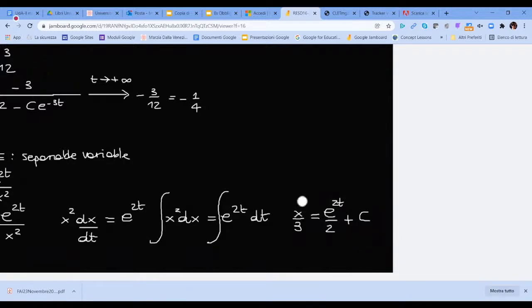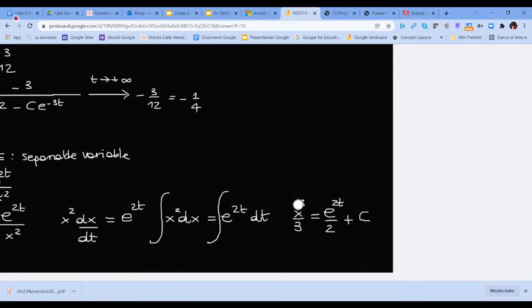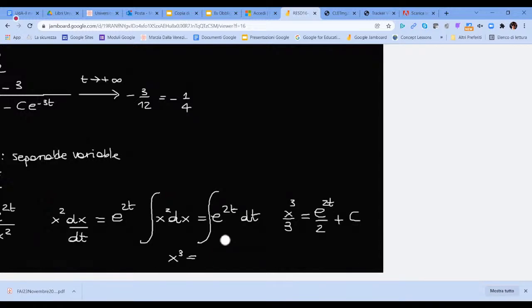So what do we have to find? We have to find x. That means that we can take x by rewriting x cubed equals 3 that multiplies everything.